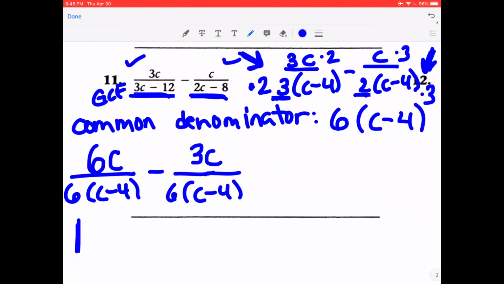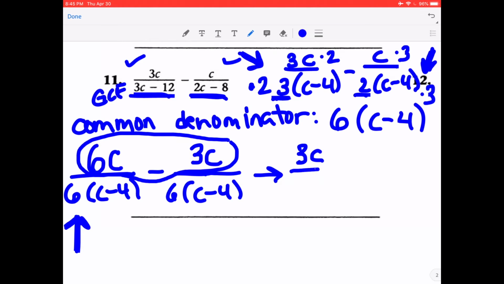Okay, so notice here we are. I have my 2 new fractions with common denominators. So now I just subtract my numerators. 6c minus 3c gives me 3c. Over, I keep my denominator, 6(c minus 4). Now in this case, I do have one final step, because this 3 over 6 can be simplified.